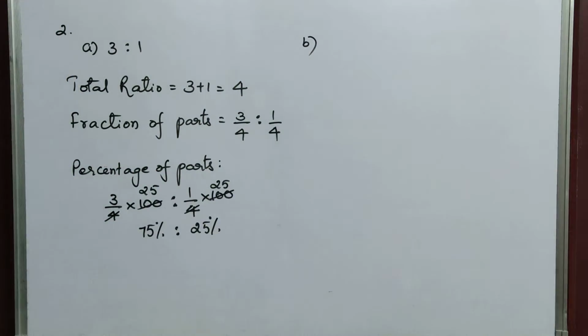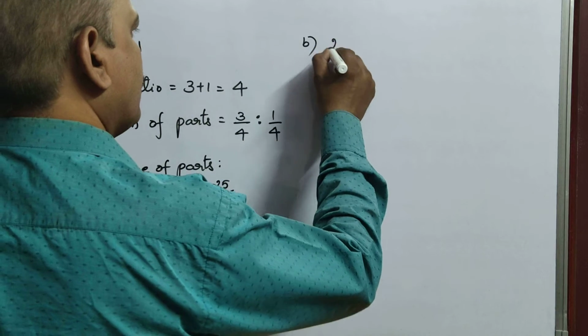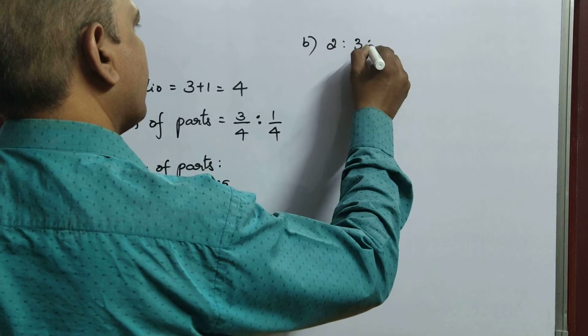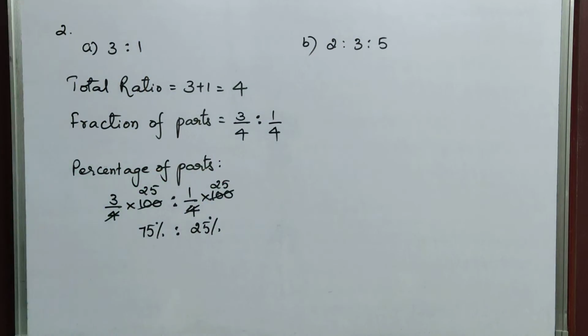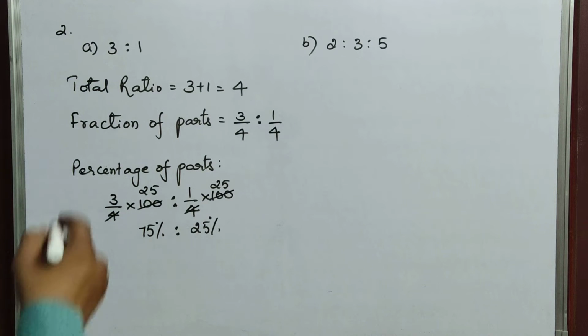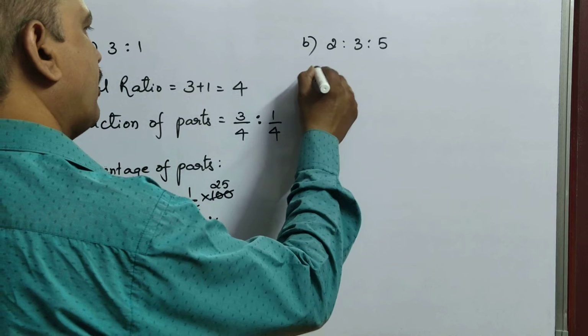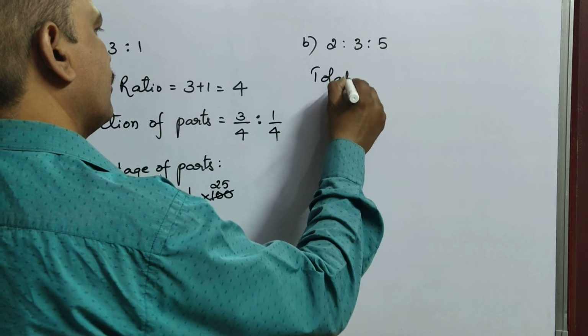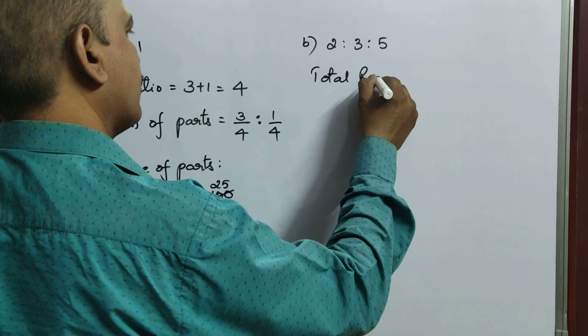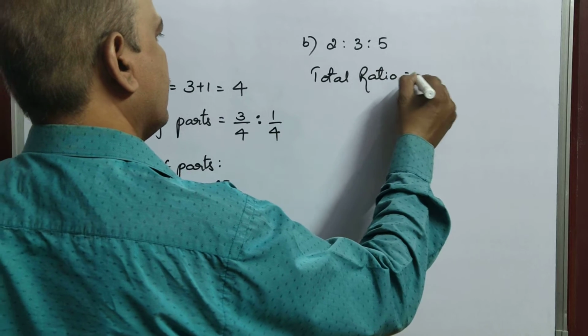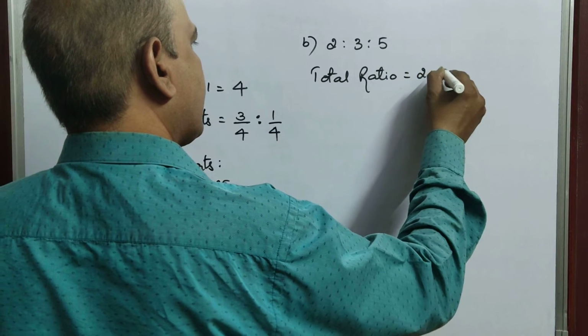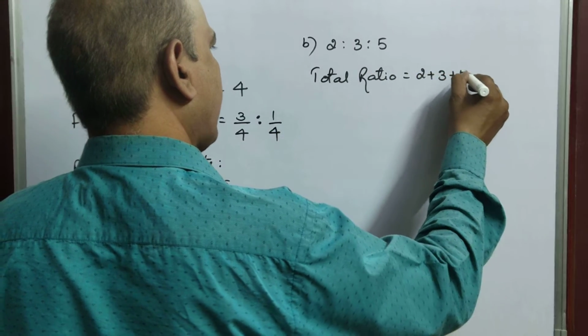2 is to 3 is to 5. So first what to do here? Total ratio. We have to find the total ratio. So total ratio equals 2 plus 3 plus 5.